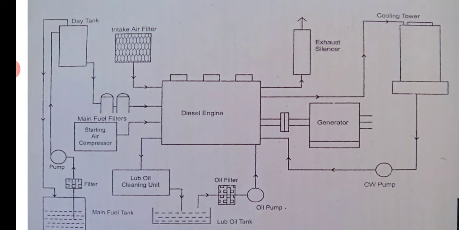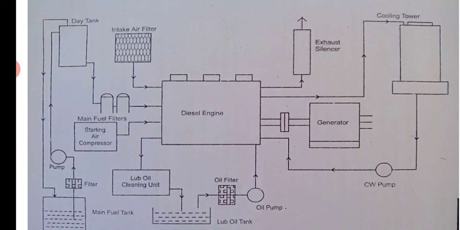On the diesel engine, on the left side top, you can see the air intake filter. Any engine will have a filter, so that the air is cleaned and sent to the engine. Then to the right of the top you can see an exhaust silencer also. When this air is burnt with the fuel, the burnt gases are sent out through the exhaust, and because it makes noise there is something called a silencer.